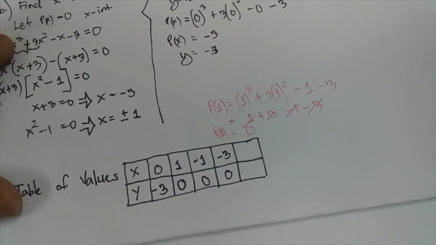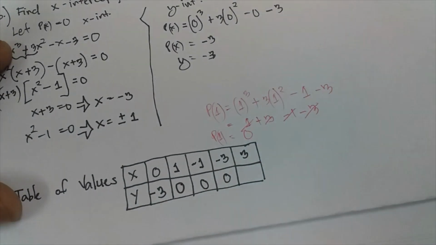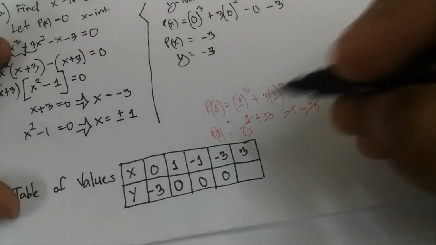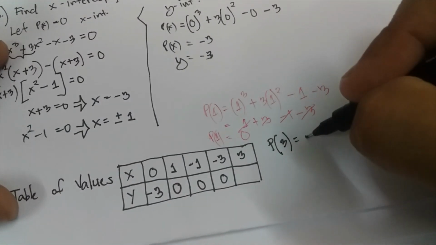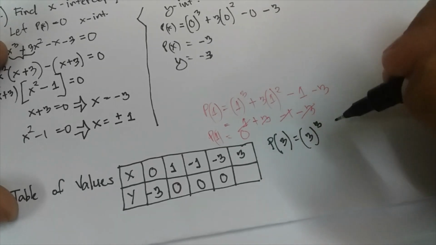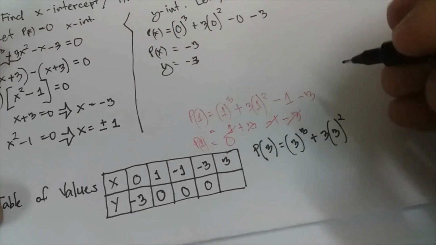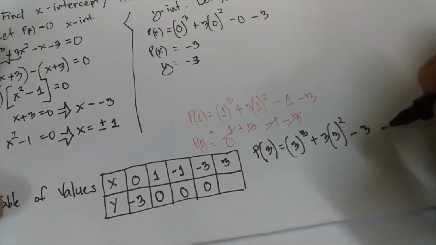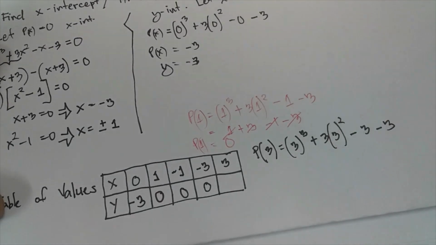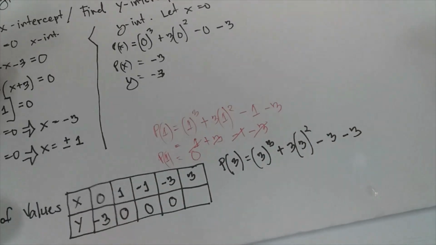How about if x is equal to positive 3? So just simply substitute in the given. So p of 3 is equal to 3 cubed plus 3 times 3 squared minus 3 minus 3. Okay, so we can now simplify this one.